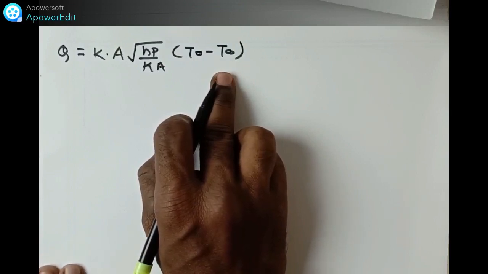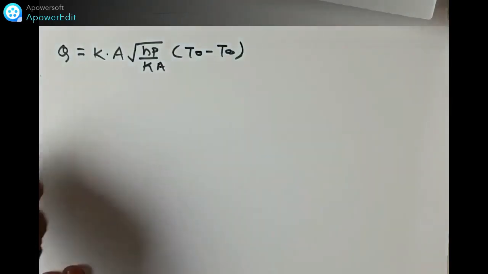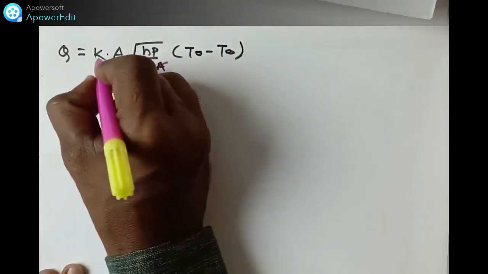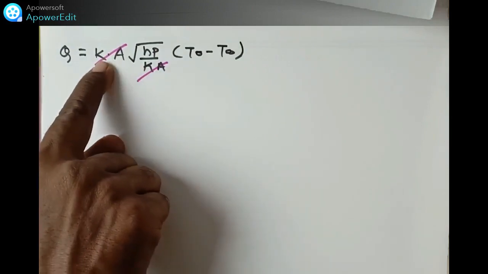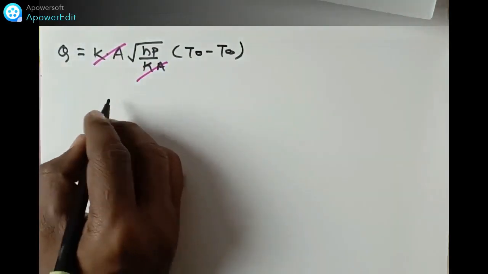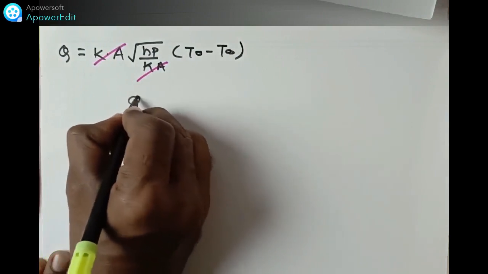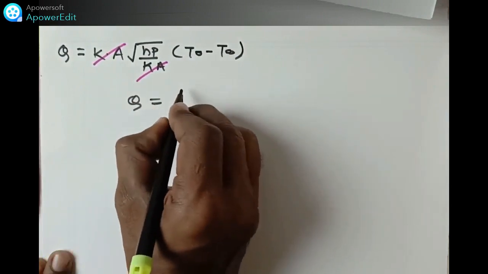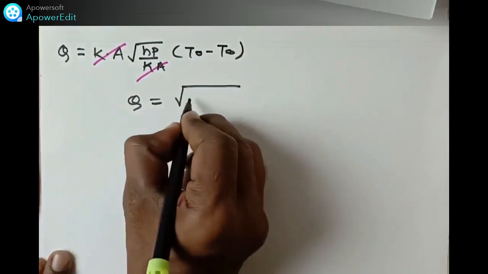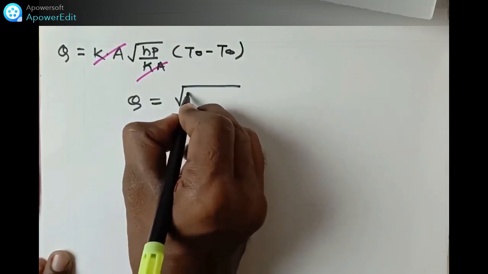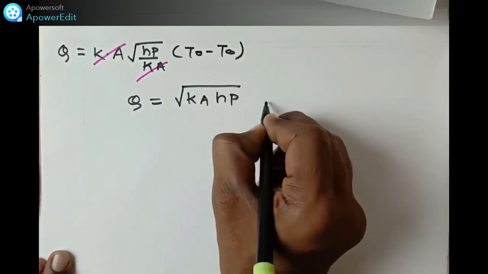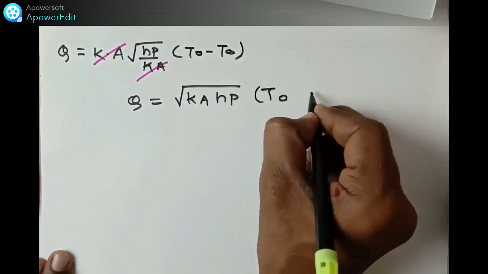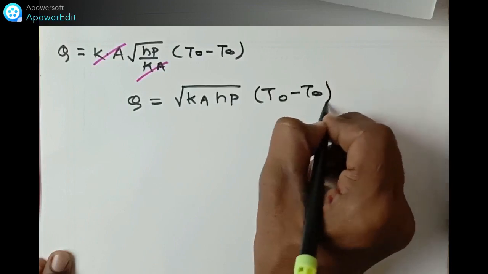Okay, so here this square root of KA will get cancelled with this KA and what will remain is under the square root KA, and this already HP into T naught minus T infinity.